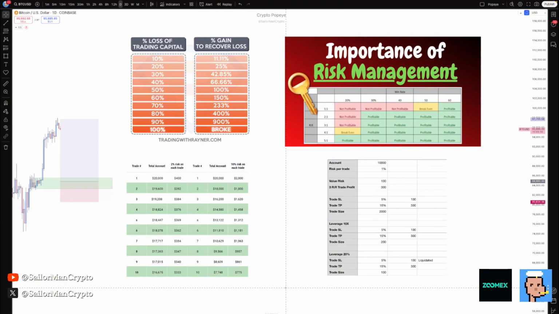It is exactly the same doing it spot with $2,000 or with leverage with $200. In both cases, your stop loss will give you a loss of $100, which is the 1% risk tolerance of our 10K account, and the take profit is $300, from the 15% take profit.